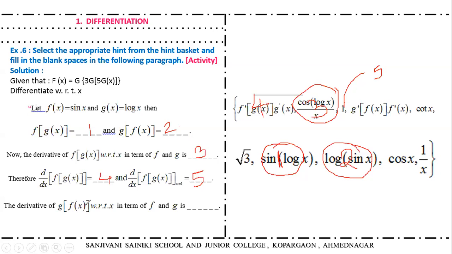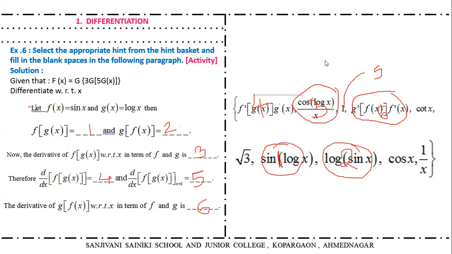G of f of x means log of sin x, and for log of sin x, its derivative is 1 upon sin x into cos x. So its derivative is given by g dash of f of x into f dash of x. This is the sixth blank space.